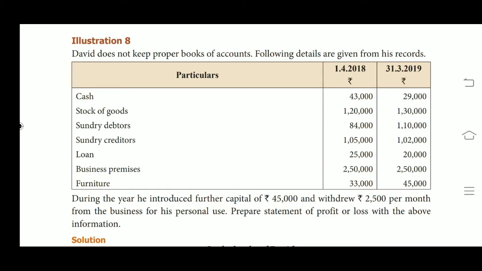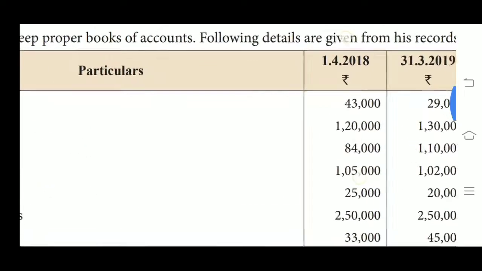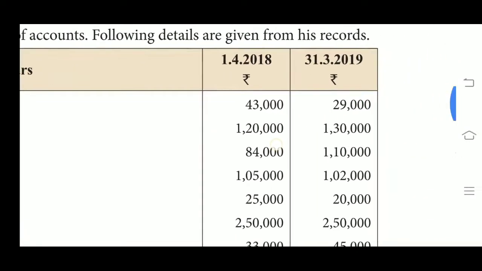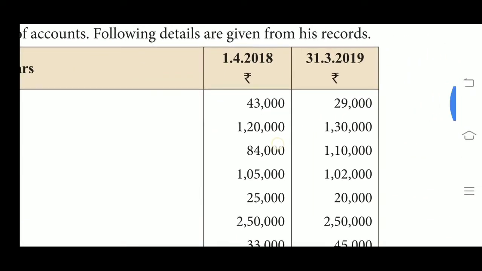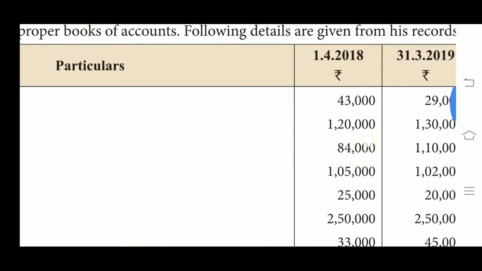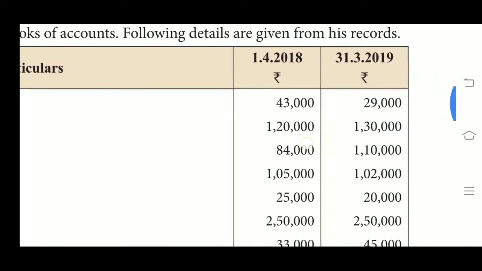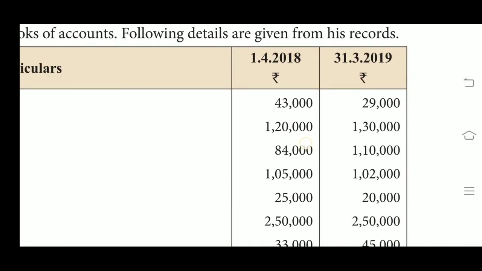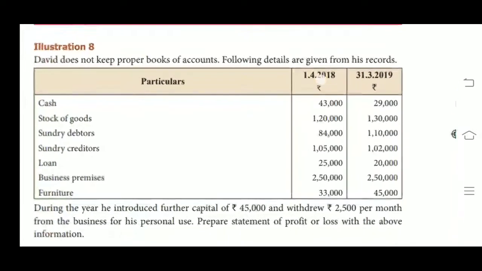But in this problem, two years' balance sheets are given. The first, 1/4/2018 value is given, and then 31st March 2019. The first, 1/4/2018, will be considered the beginning of the year, and 31st March 2019 will be considered the closing capital value. And one more adjustment.